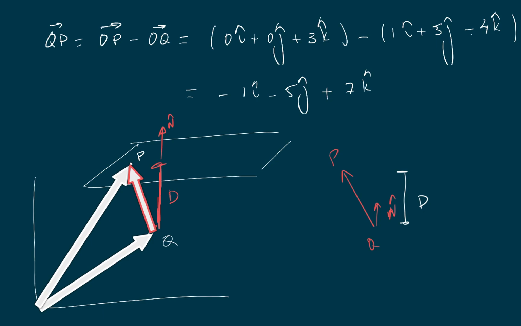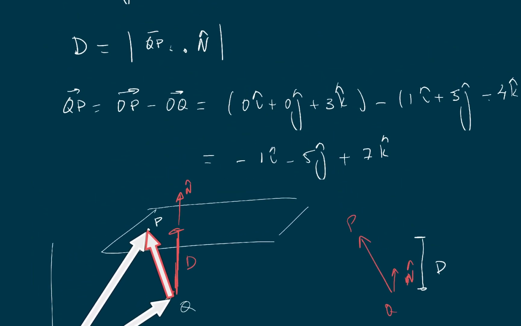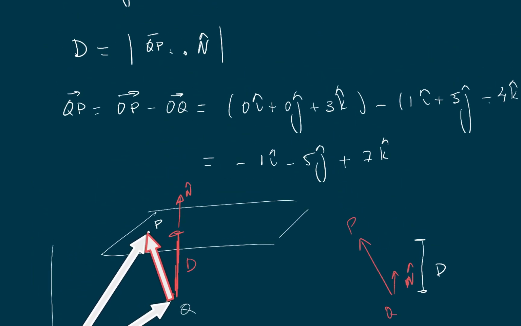And I put a magnitude here. In mathematics, we put the magnitude like this, not to confuse with the absolute value. We put the magnitude because it may be possible that this dot product can be negative. So if it's negative, we take the absolute value.